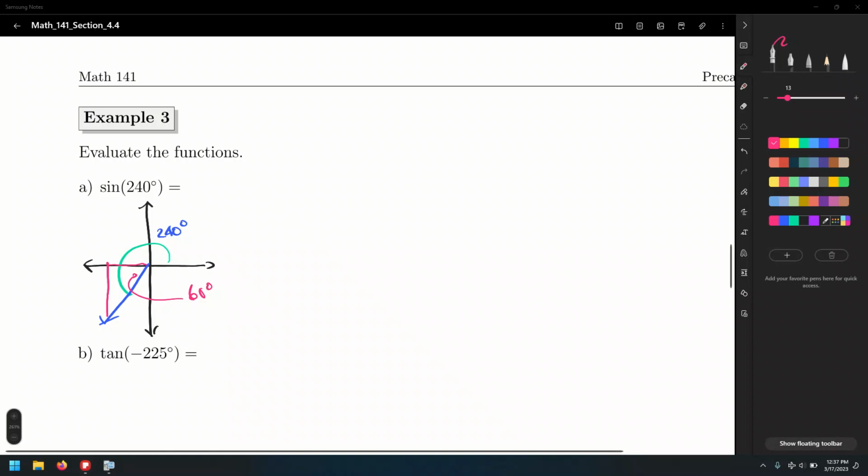What is the sign of the sine function in the third quadrant? Is it positive or is it negative? Remember ASTC, all students take calculus. So what's the only positive function in the third quadrant?